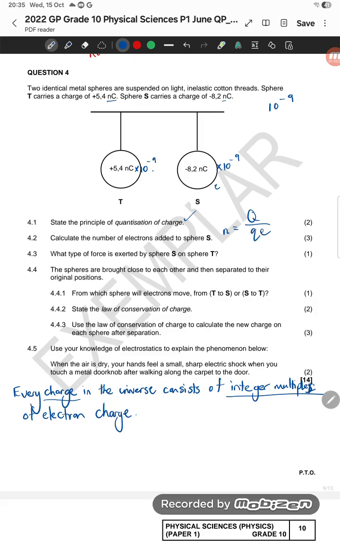The charge of an electron. And the charge of an electron is a constant, which is negative. But we don't need to use negatives here because it's electrons. 1.6, don't put the negative there. 1.6 times 10 to the negative 19. And what's my charge? Calculate the number of electrons added to sphere S.